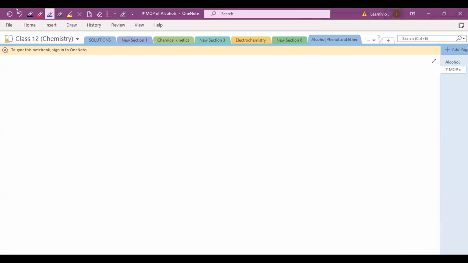Next, write down the next preparative method. I think that was the fourth one, right? Fourth, yeah. From the carboxylic acid. Fourth preparative method is from carboxylic acid.